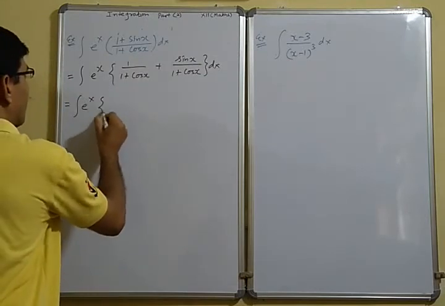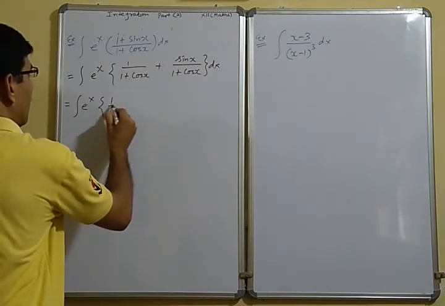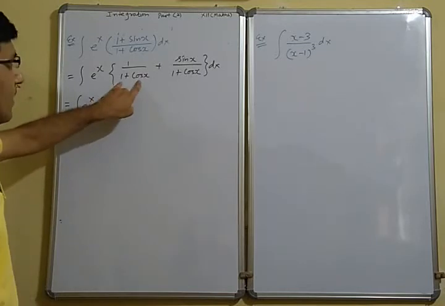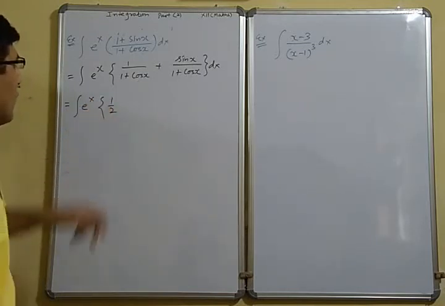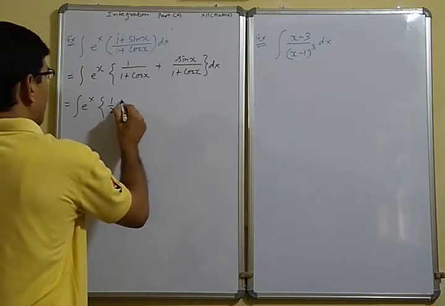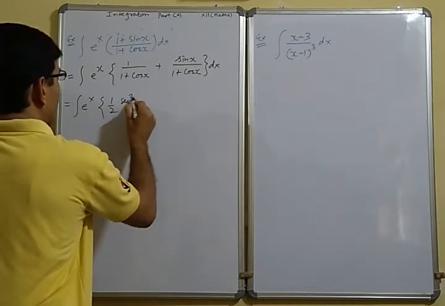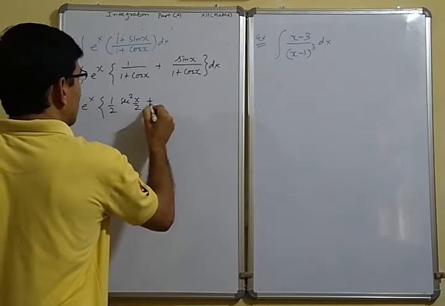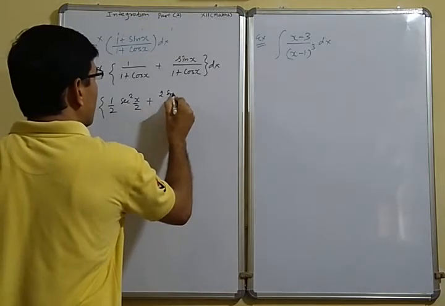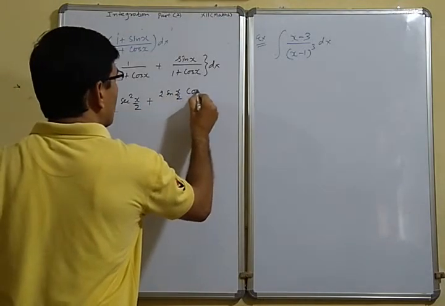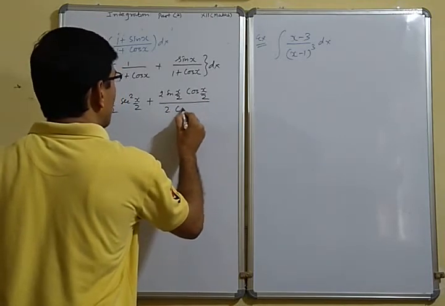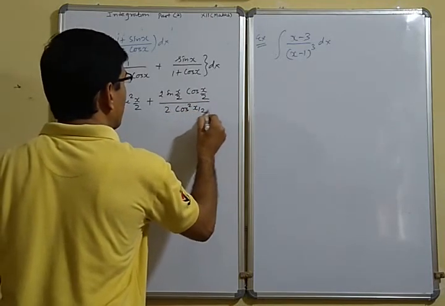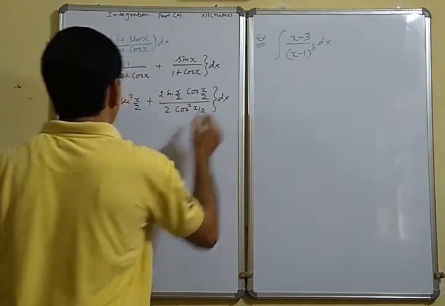So this becomes 1 upon 2 cos square x by 2, in numerator it becomes sec square x by 2 plus 2 sin x by 2 cos x by 2, divided by 2 cos square x by 2, dx.